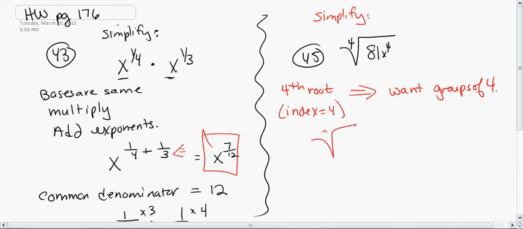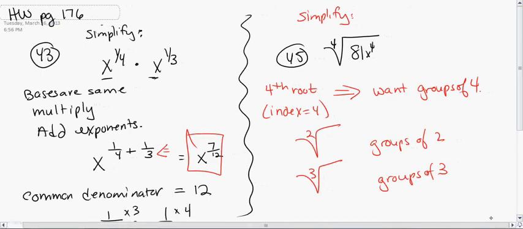If I were taking the square root of something, I would want groups of 2. If I were taking the cube root of something, I would want groups of 3. But in our case, I am taking the 4th root, which means I want groups of 4. All right, let's break down 81 and x to the 4th and see how many groups of 4 I can come up with.